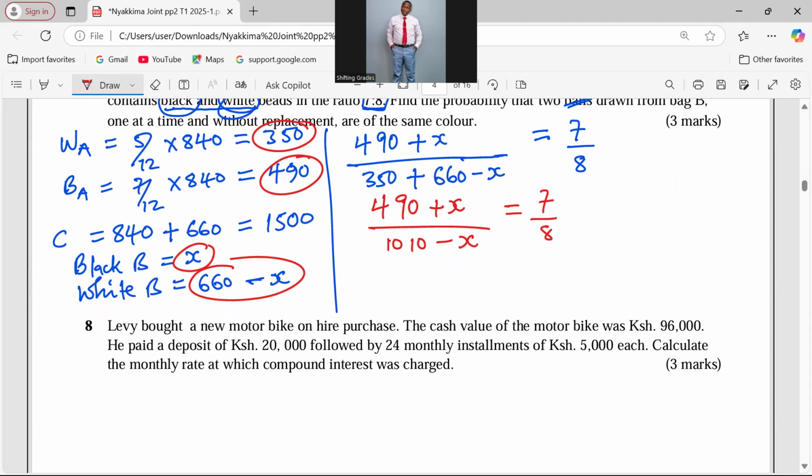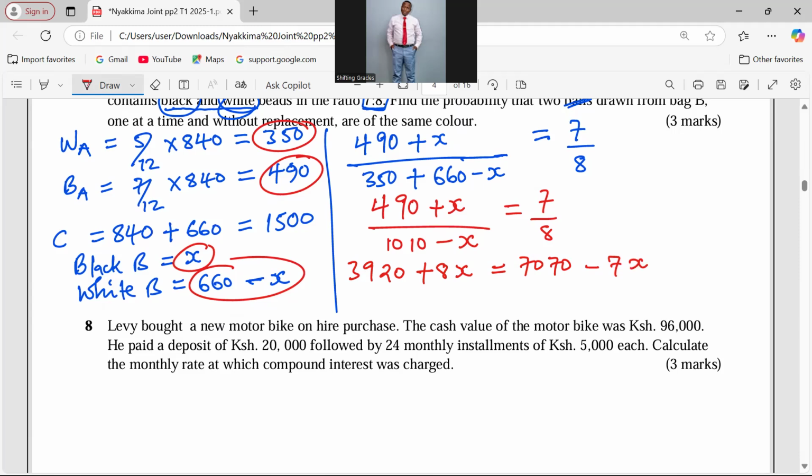So we can do a cross multiplication whereby 8 goes with 490, and that is 3920, plus 8x equals 1010 by 7, and that will be 7070 minus 7x.